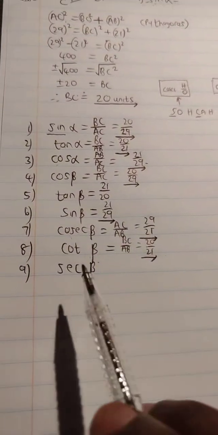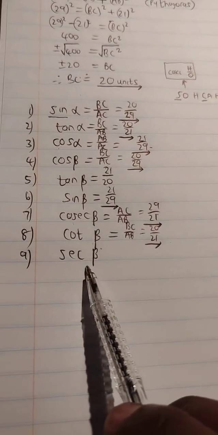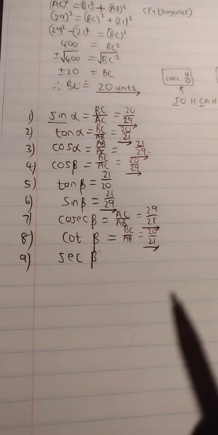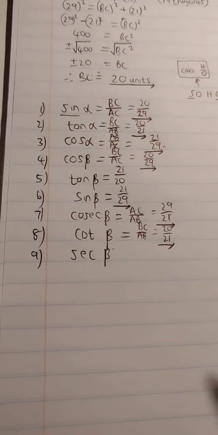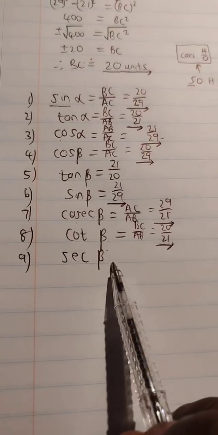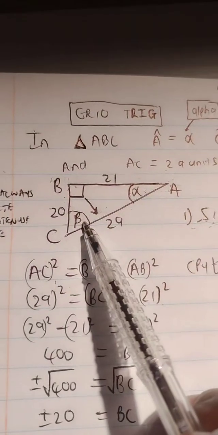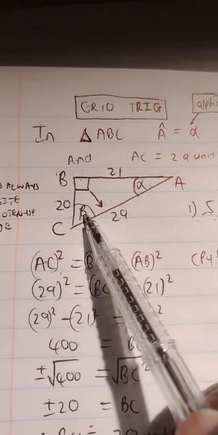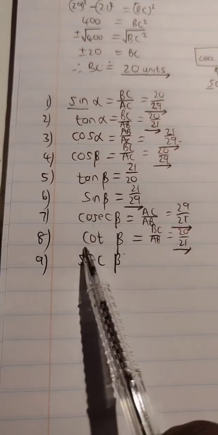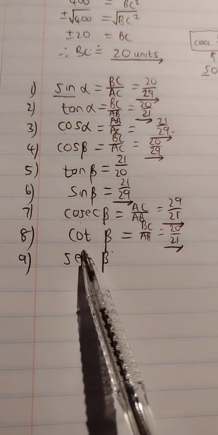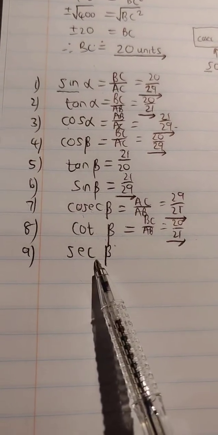Okay. Then number 9, sec. Sec beta. What is sec? So once again, we ask ourselves, where is angle beta in the triangle? There is angle beta. Then, what is the definition of sec in our triangle? Sec, be very careful.